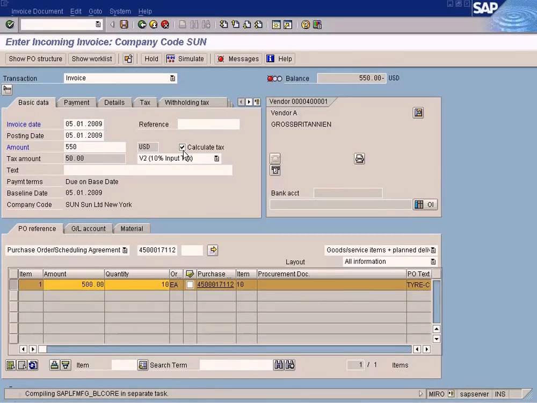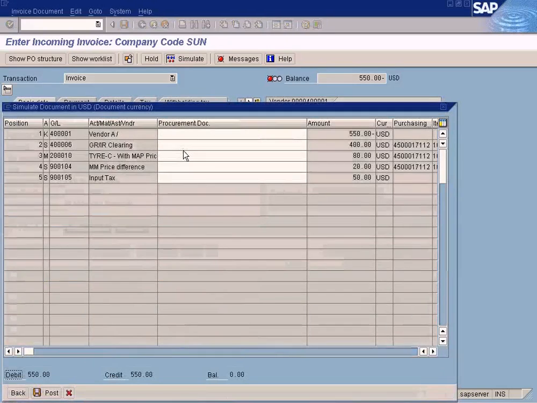Alright, simulate. You can see something new called price difference, which we didn't see in the earlier posting with sufficient stock coverage.